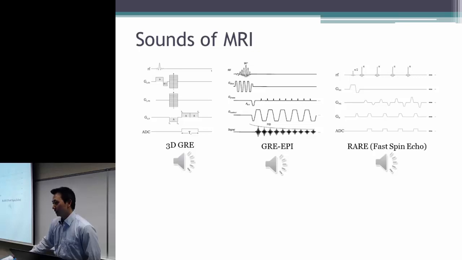That means the frequency that you hear is like 1 over 30 milliseconds. So it's not a very high pitch sound, and it goes on basically throughout the whole scan like this.